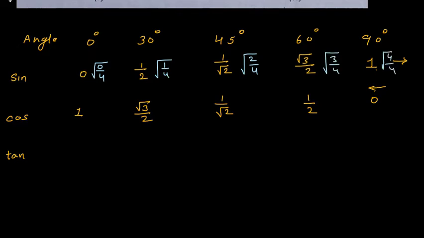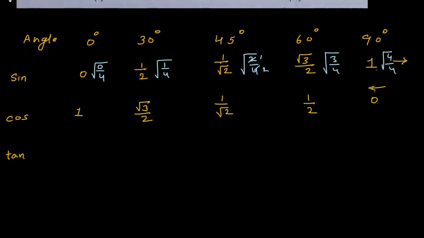When you simplify, you will get these values. 0 upon 4 is 0, so square root of 0 is 0. Square root of 1 is 1 and square root of 4 is 2, so you can simplify 2 upon 4 as 1 by 2. Square root of 2 is root 2. Square root of 3 is root 3 and square root of 4 is 2, and 4 upon 4 is 1, so square root of 1 is 1.